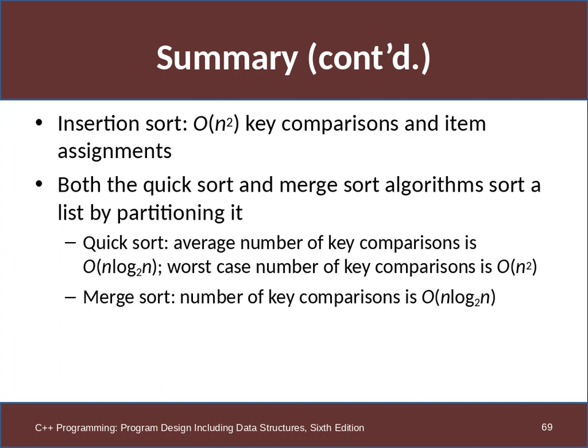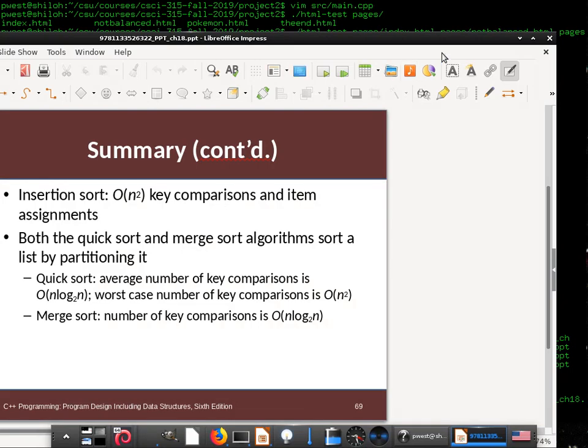Which one's quick sort good for? Arrays. And which one's merge sort good for? Linked list. Good job. And that's great you already chose that, because that's part of your lab, and you pointed that out. Great.